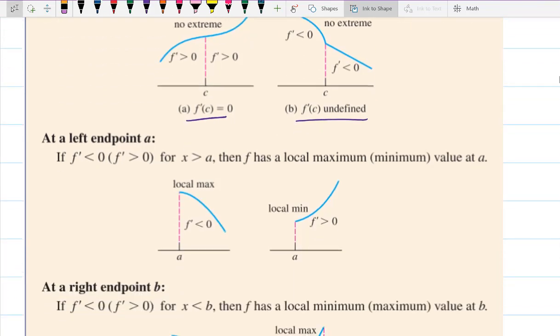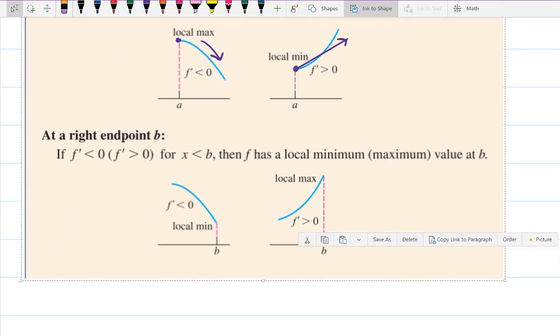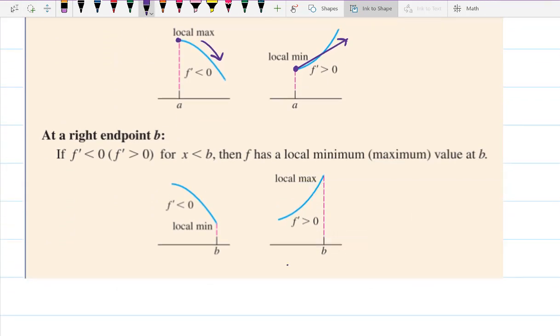Endpoints, however: if you have a left endpoint and the derivative is negative, you have a maximum. If you have a left endpoint and the derivative is positive, you have a minimum. For a right endpoint, it's the exact opposite. If the derivative is negative going to a right endpoint, you have a minimum.